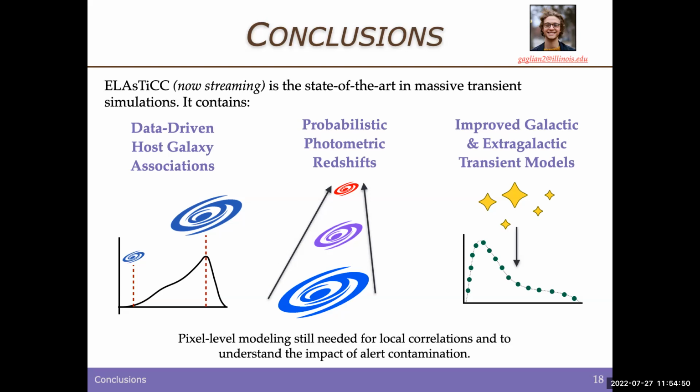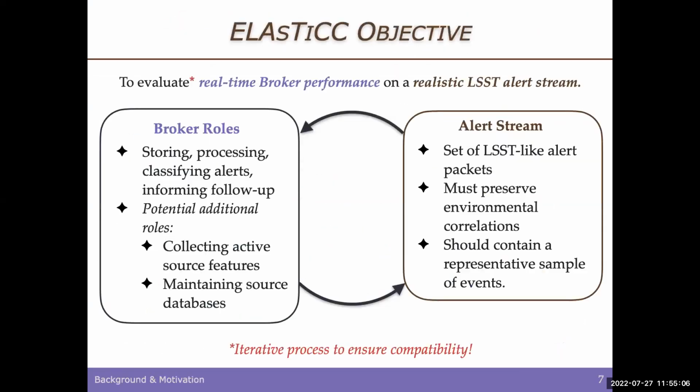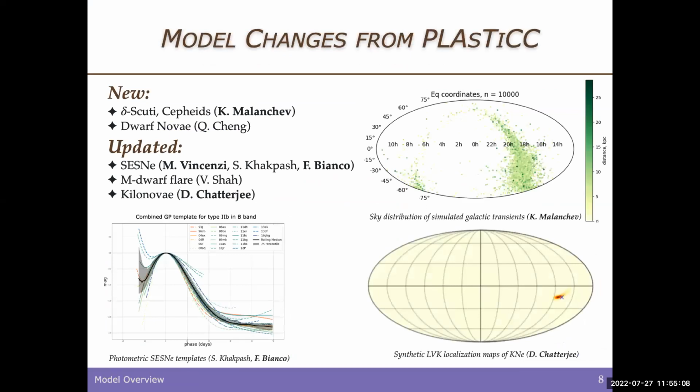Hi, thanks for your talk. My name is Samaya Kakbash, and I wanted to ask a question about the stripped envelope supernovae that you mentioned. My assumption was that they've been simulated based on Vincenzi's model, but then I saw our templates also there that you mentioned. It's been updated based on that too.